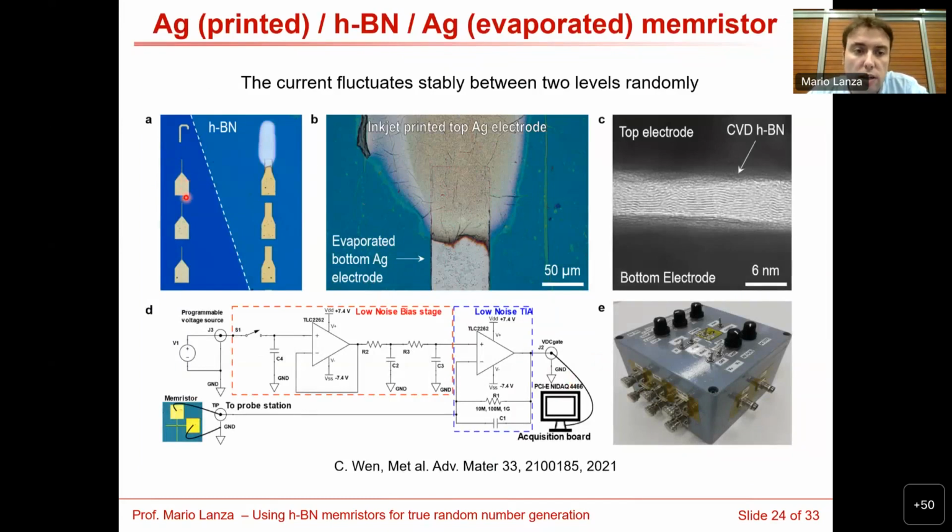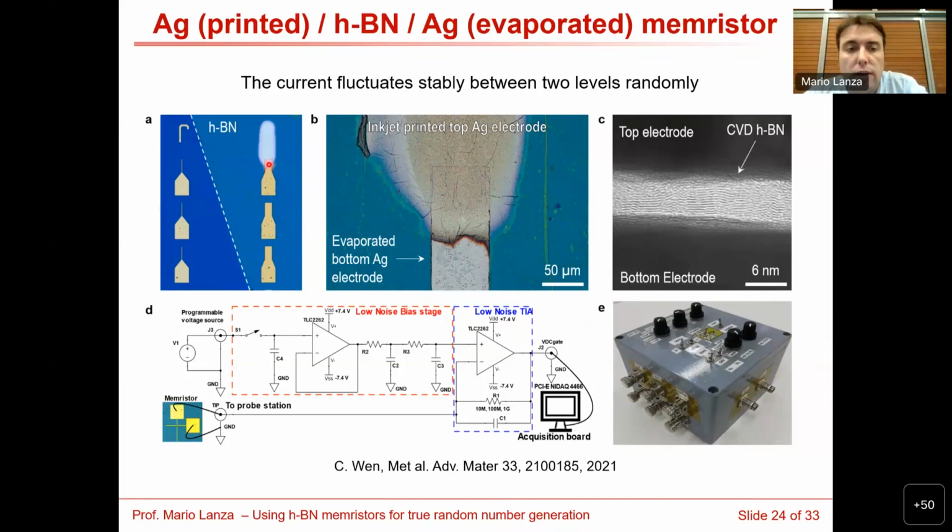This is made by electron beam evaporation. We also have electrodes with different sizes. You see, this is narrower, this is wider. Then we transfer a sheet of CVD-grown hexagonal boron nitride, and finally we deposit the top electrode.